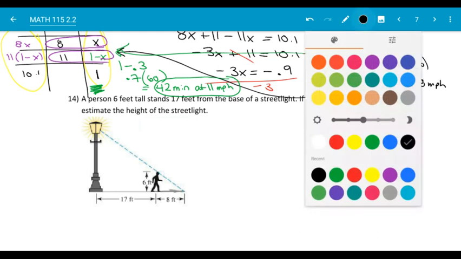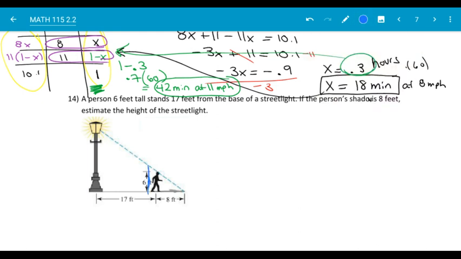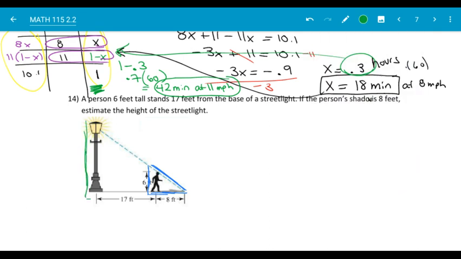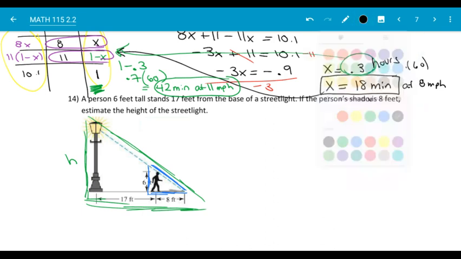So as we look at this picture, this triangle is one of the triangles that we're interested in. And this outside triangle is the second triangle. The height on that second triangle is what we're trying to find.